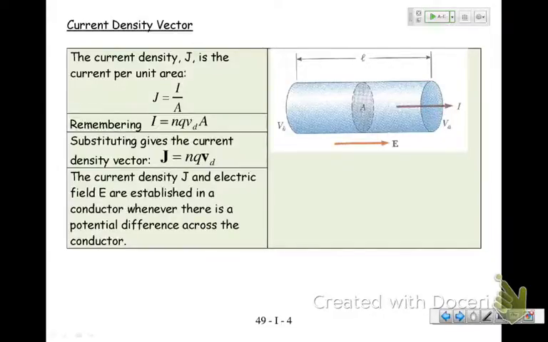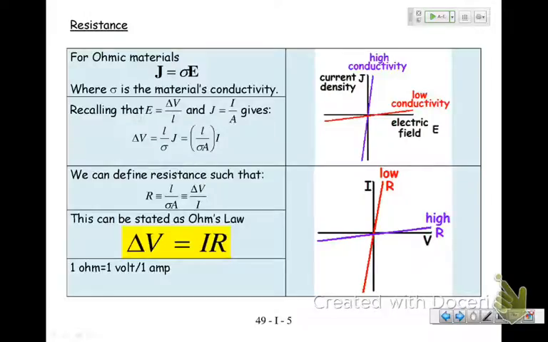So fair enough. And this kind of leads us to say the current density equals the conductivity multiplied by electric field. And again, that's not one that I tend to deal with so much. We do talk about conductivity, but mainly as the inverse of resistivity.